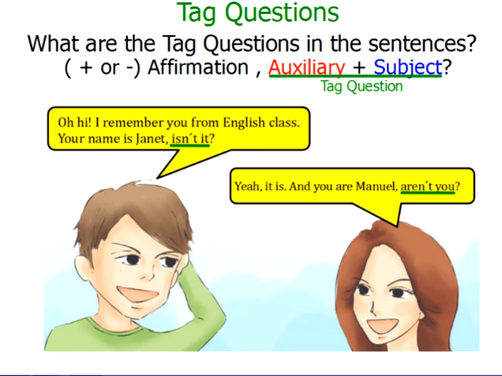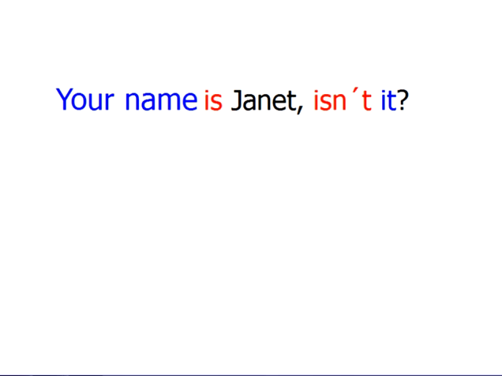So let's take a look at the grammar for tag questions. Let's take this example and analyze it. It reads, your name is Janet, isn't it? I need to identify first, what is my subject in this first part of the sentence? This is the affirmation, right? The subject in this case is your name.